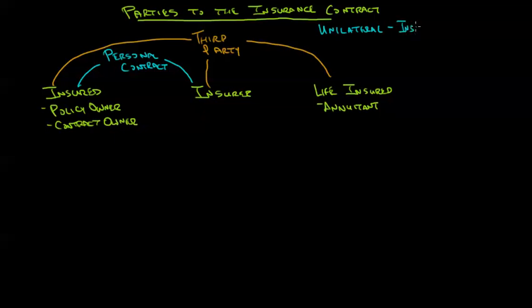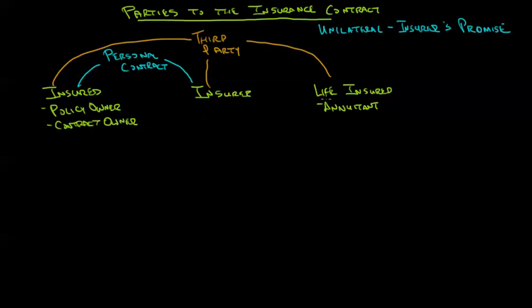Only the insurer makes a promise. The life insured and the insured do not make any particular promise. The promise that's made by the insurer is that a benefit will be paid at the time indicated or when the event happens in the contract.